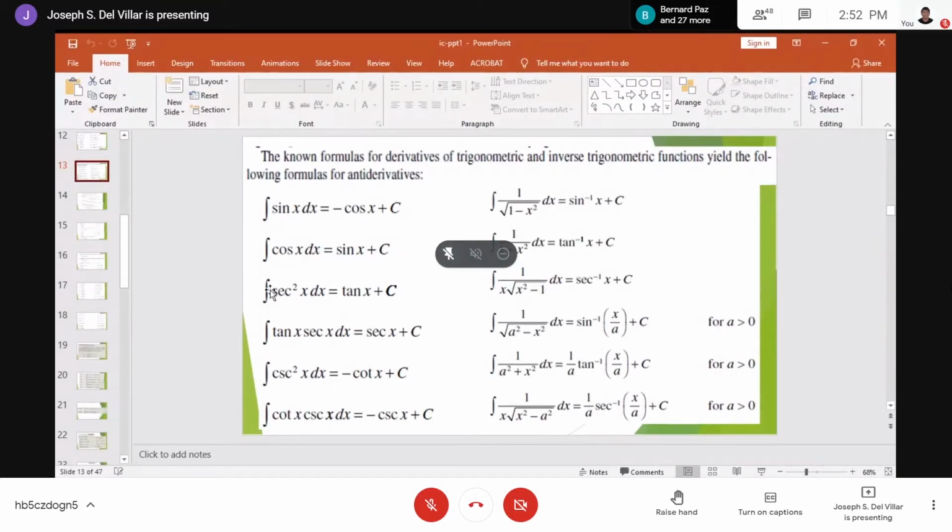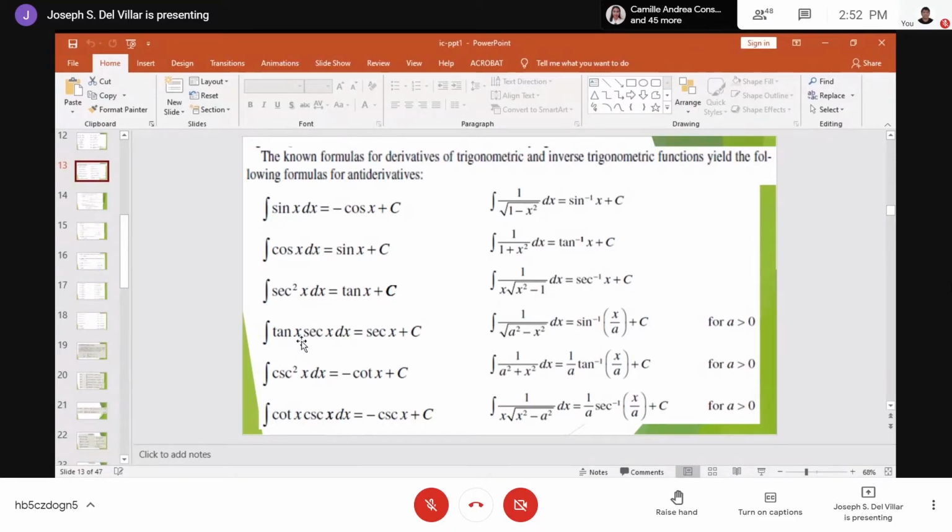Okay? Now, the integral of secant squared x dx is equal to tangent x plus c. Now, why is this so? Because if we do the reverse, that means if we take the derivative of the tangent, it is secant squared. Okay? So that's why the integral of secant squared x dx is tangent x plus c.